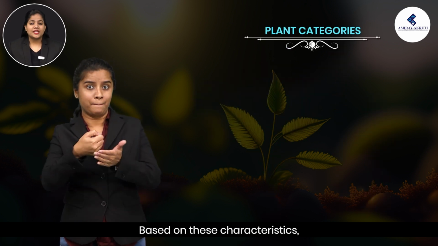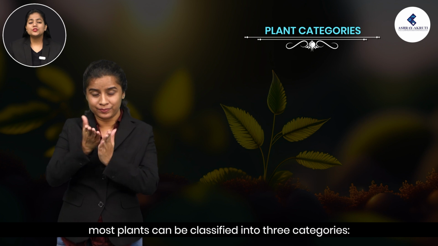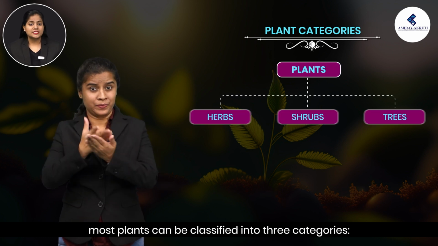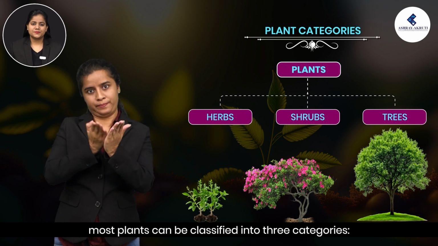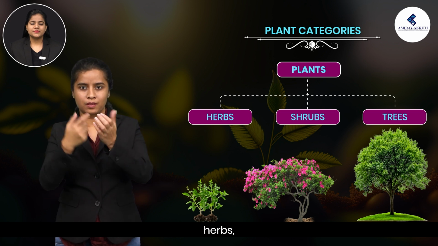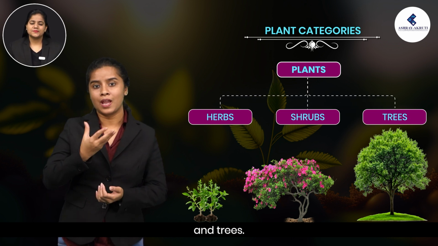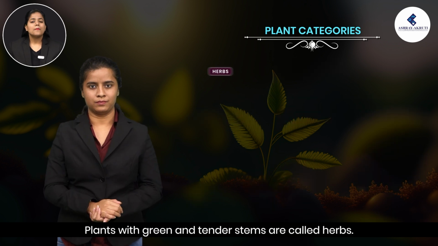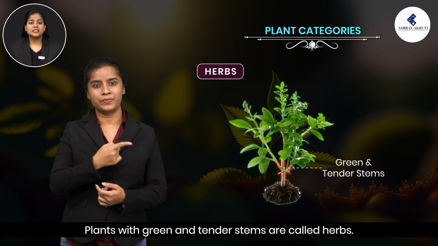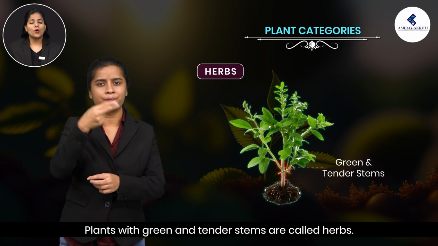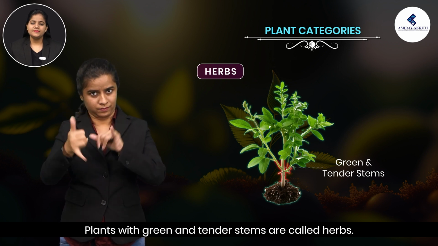Based on these characteristics, most plants can be classified into 3 categories: herbs, shrubs, and trees. Plants with green and tender stems are called herbs.